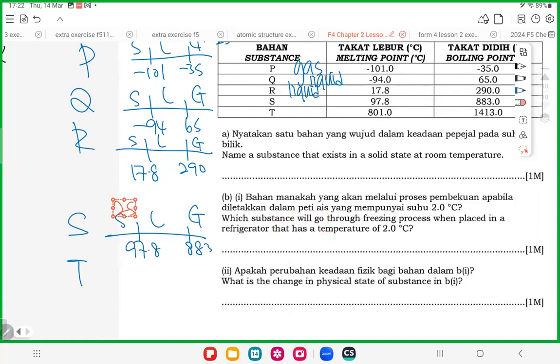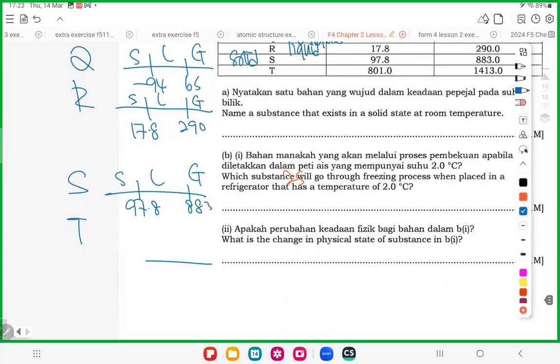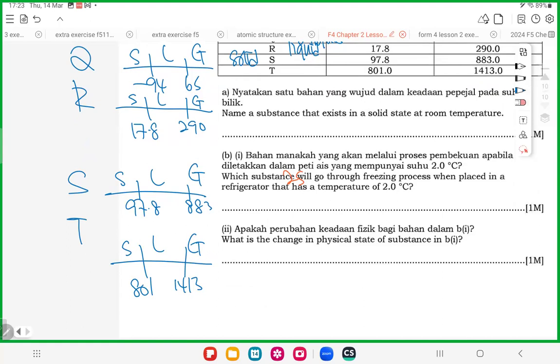Lesser, so here, solid. Yes, this one is a solid at room temperature. Now let's look at the last one, substance T. 3 lines method, 801 and 1413, solid, liquid, and gas. We know the room temperature that we want is 25. 25 is lesser than 801, so on the left-hand side is here, solid.